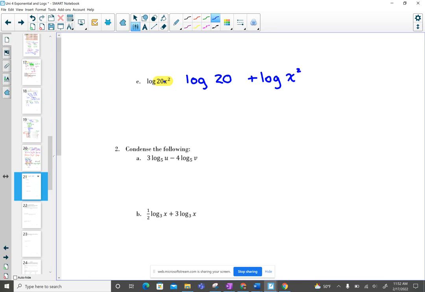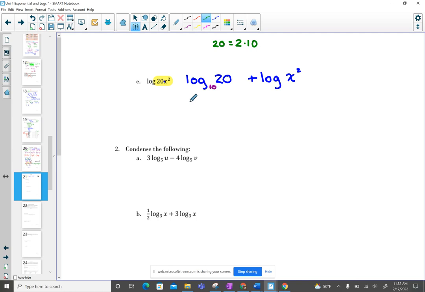Now, here's a fancy little thing. When we just have log, we assume it has a base of 10. Now, this would have to be a multiple choice question because there's no way that I would have you just, out of thin air, figure this out. Let's look at this. 20 can be written as 2 times 10.